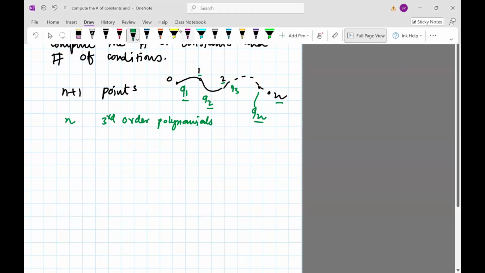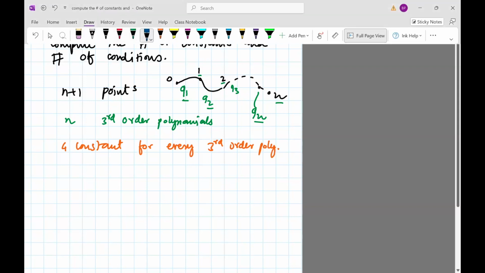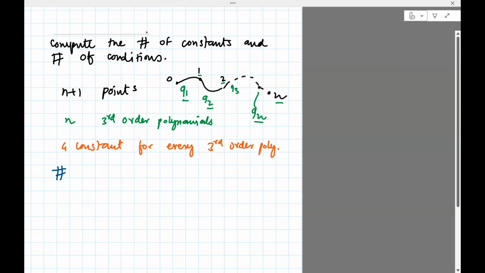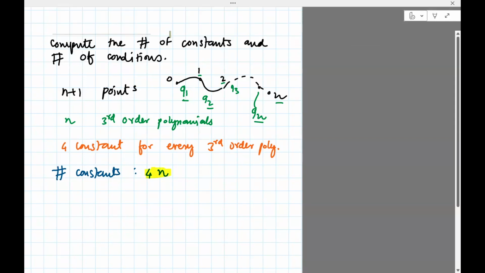So 4 constants for every third order polynomial, which means that the number of constants is simply 4 times n. So we have to pretty much set 4n equations to solve for the 4n constants.